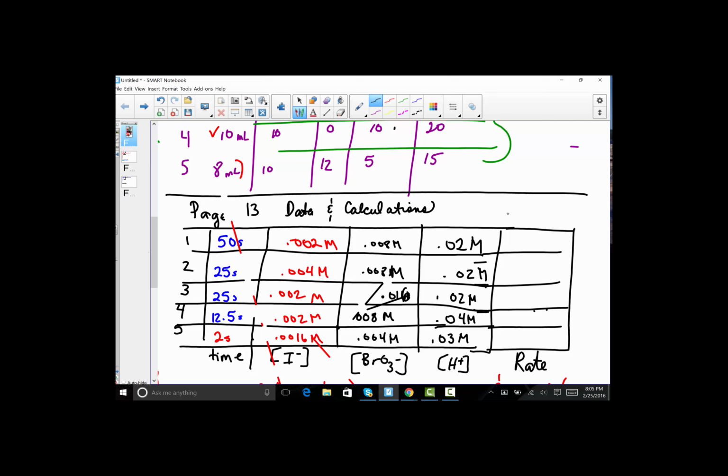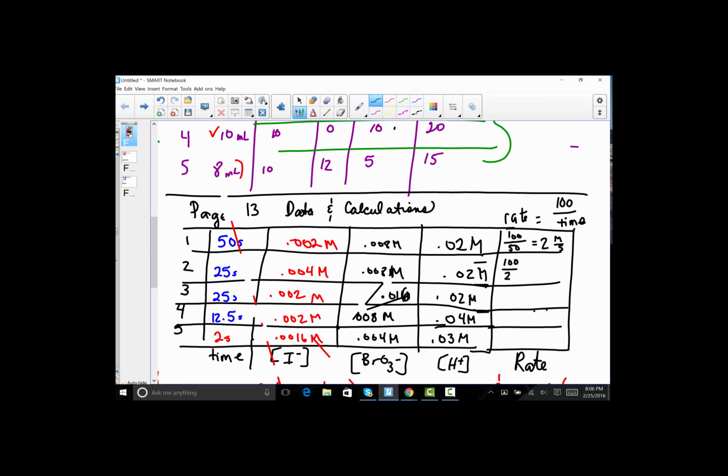Now remember how we decided we were going to calculate rate as a relative number. We're going to take the number 100 and divide by time. So for instance here, I need to hit 100 over 50, and I'll get a relative rate. 100 over 50 is a relative rate of 2. And that, of course, would be a molarity per second.